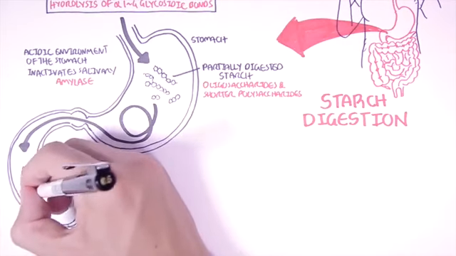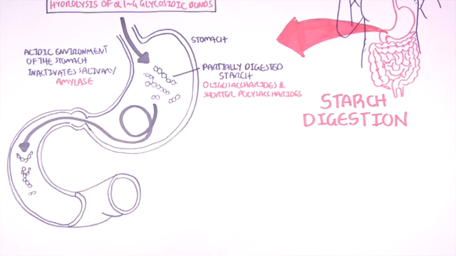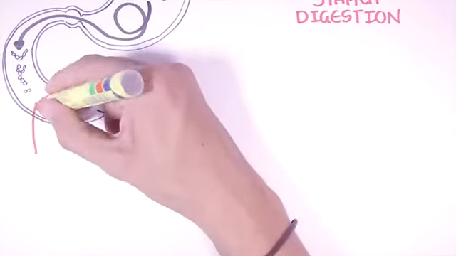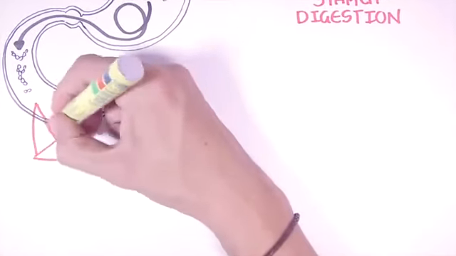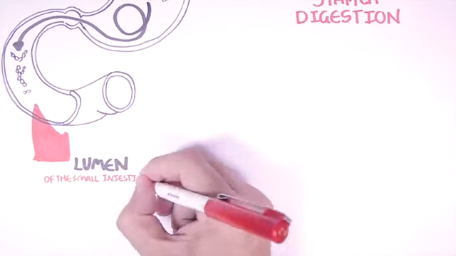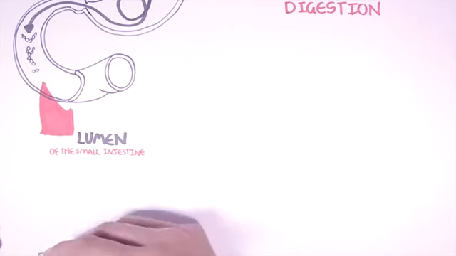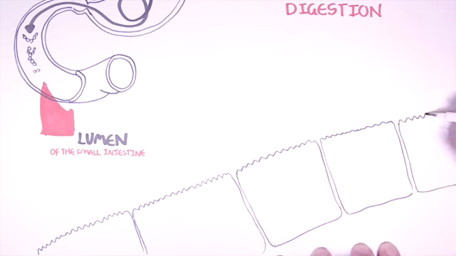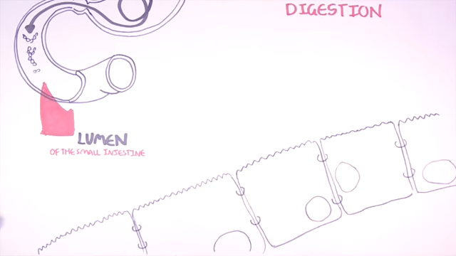And it is within the small intestine where most of the digestion and absorption of starch takes place. Now let's zoom into the small intestine and see what happens with the starch. So we're zooming into the lumen of the small intestine. Within the lumen, we can find the cells of the intestine known as enterocytes.